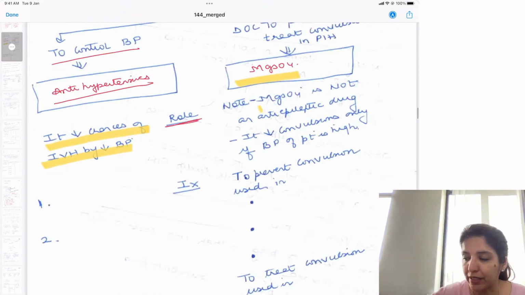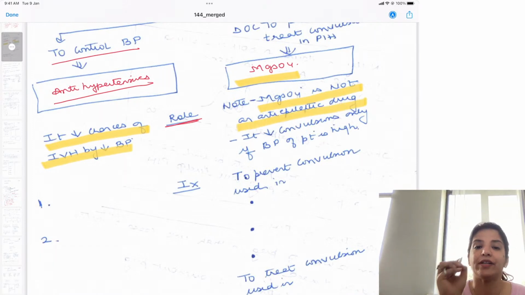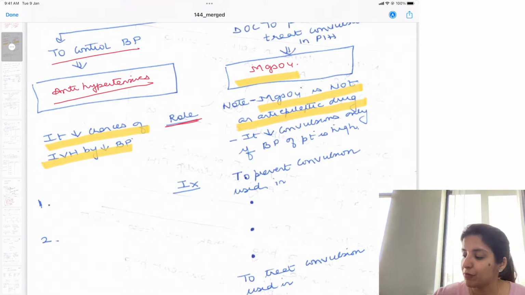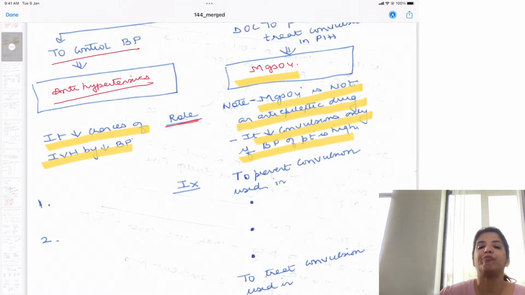Please remember, magnesium sulfate is not an anti-epileptic drug. Do not say that the anti-epileptic drug of choice is magnesium sulfate. No, it's not an anti-epileptic drug. Magnesium sulfate decreases convulsions only if the BP of the patient is high, right?